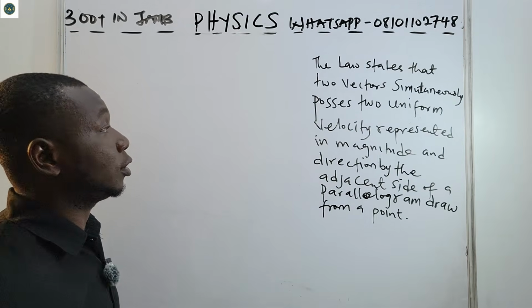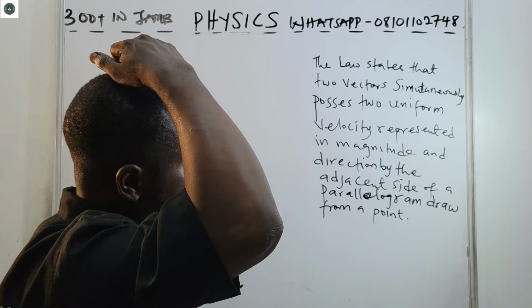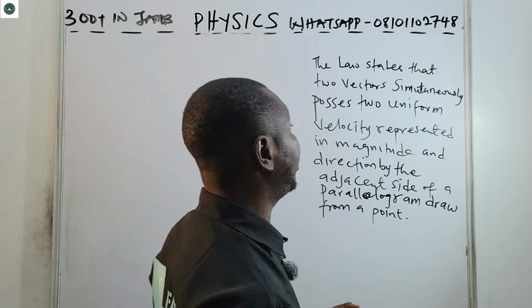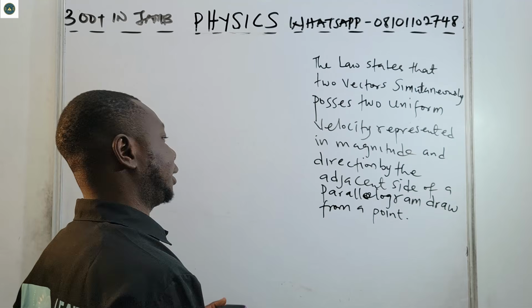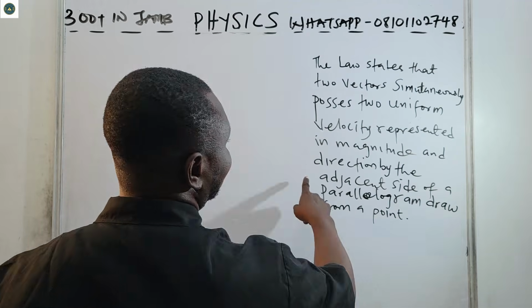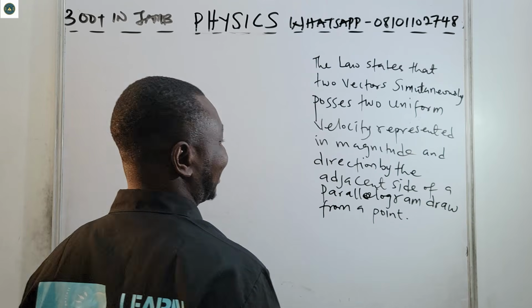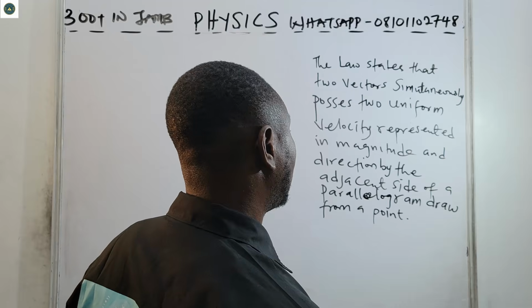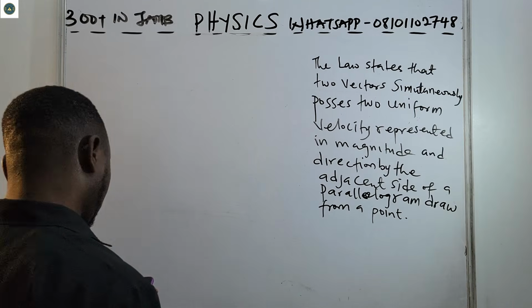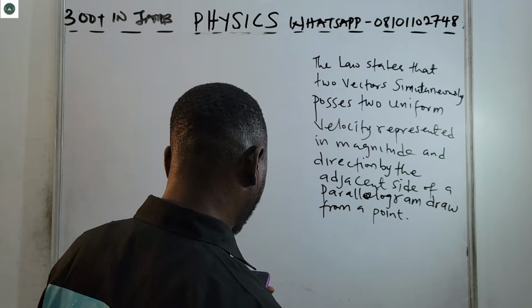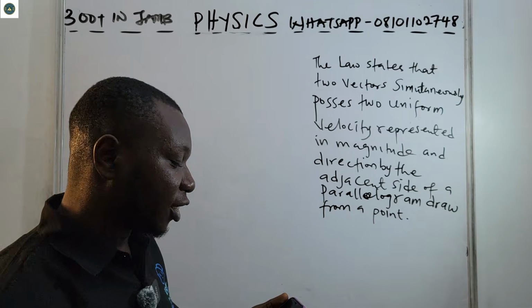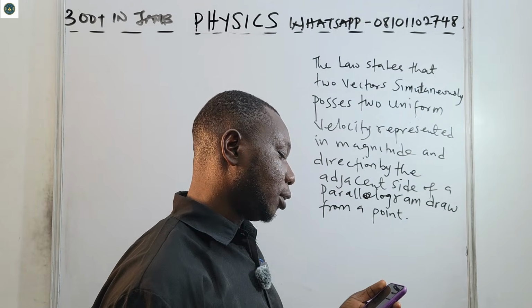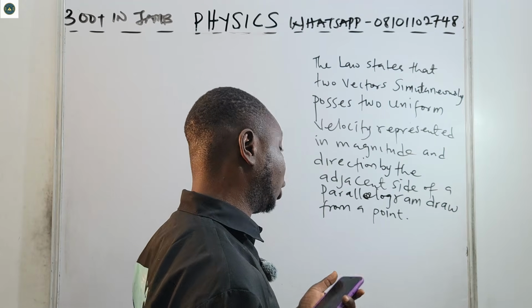All right, so the law states that two vectors simultaneously possess two uniform velocities represented in magnitude and direction by the adjacent sides of a parallelogram drawn from a point. Now the resultant is represented in magnitude and direction by the diagonal passing through the same point.